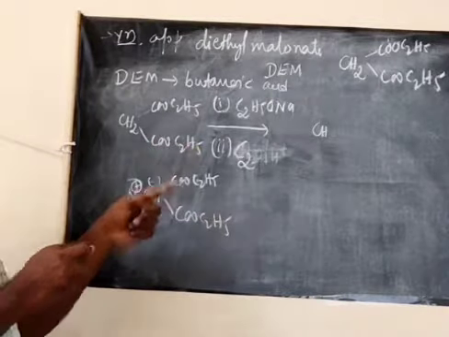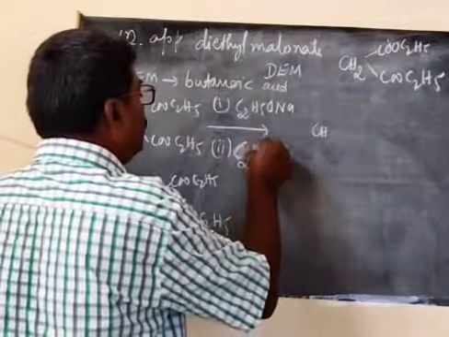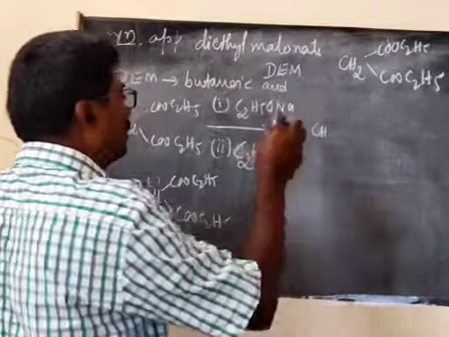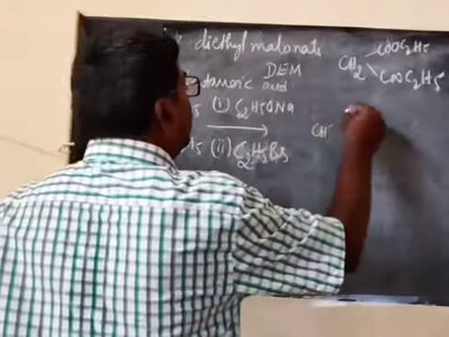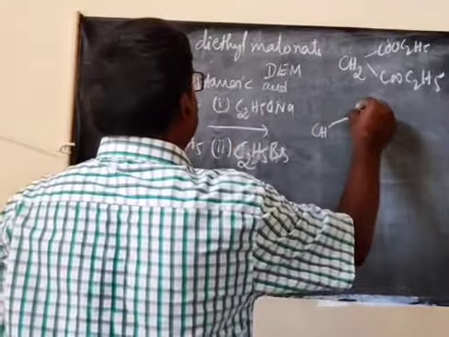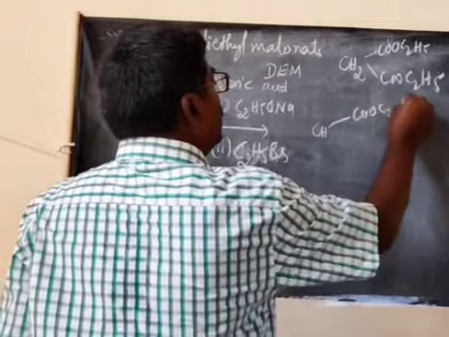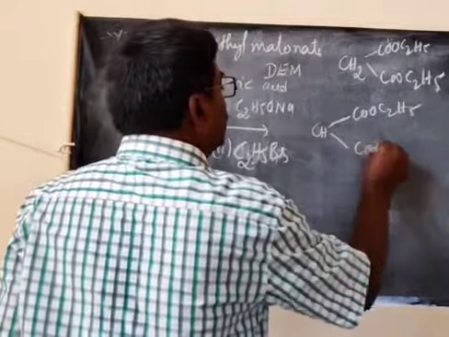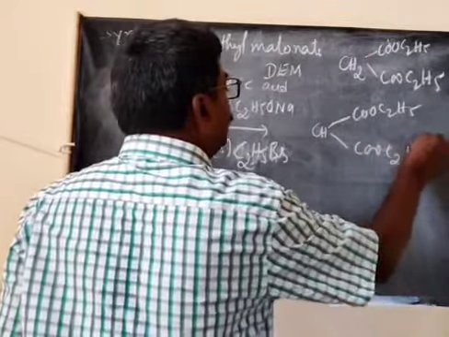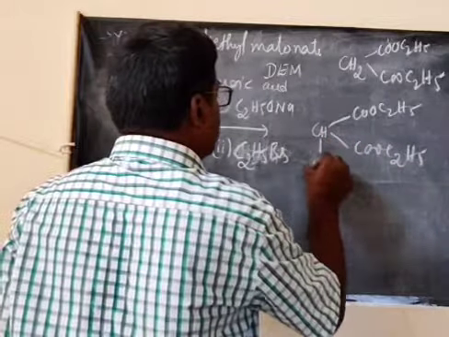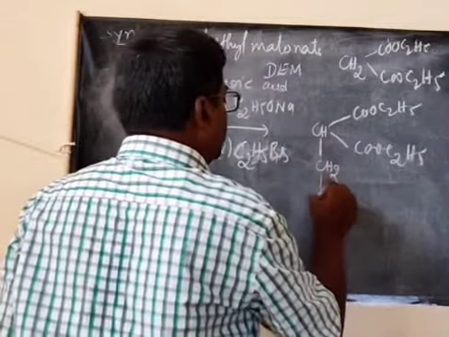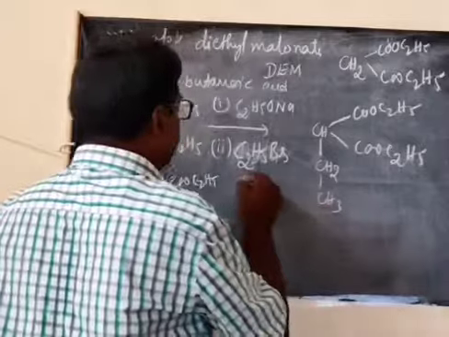This intermediate is treated with ethyl bromide, C2H5Br. What happens? This intermediate is formed: CH(COOC2H5)2 with CH2CH3, minus NaBr.